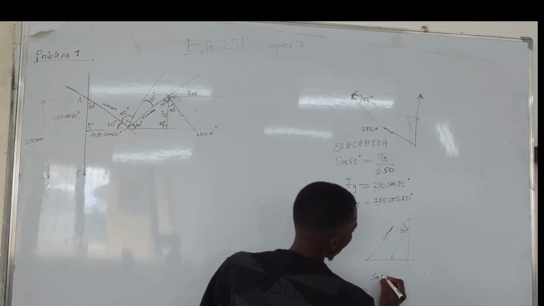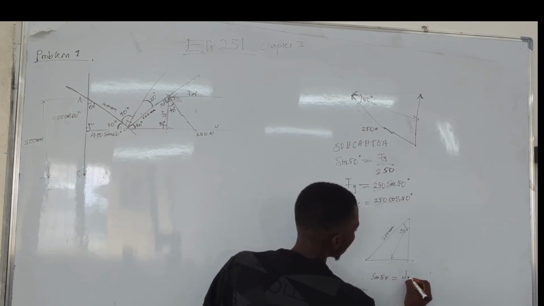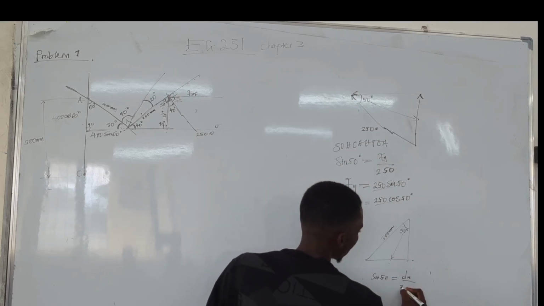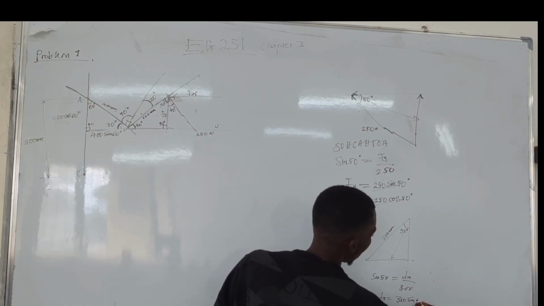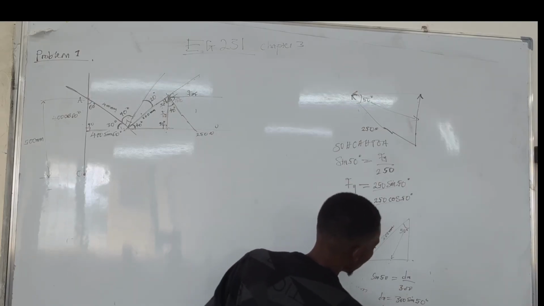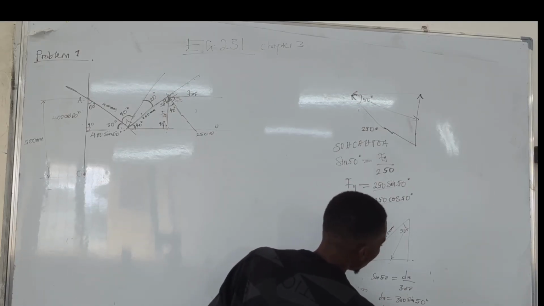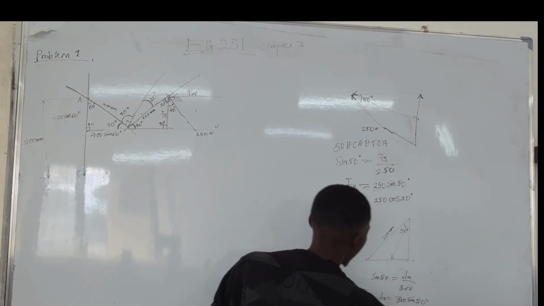Therefore, sine 50 is equal to, our opposite is the distance in the x over hypotenuse 300. Therefore, distance in the x is equal to 300 sine 50 degrees, okay? Therefore, distance in the y is equal to 300 cos 50 degrees, as simple as that.